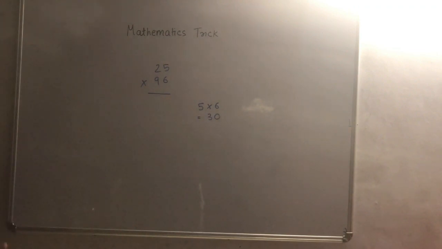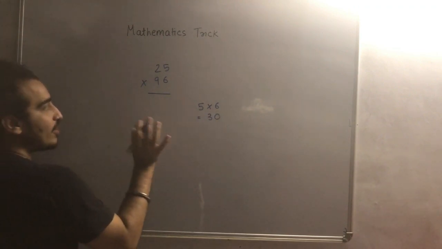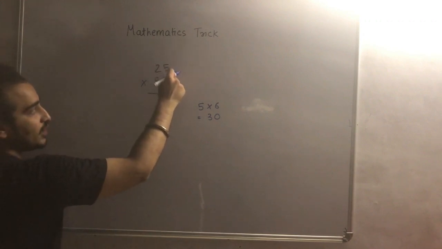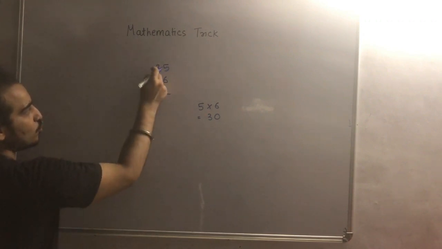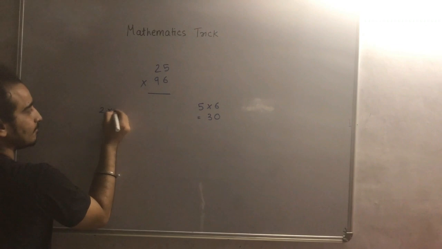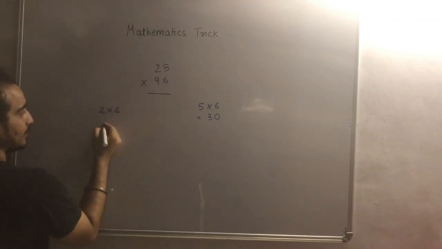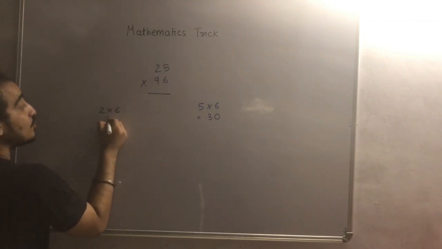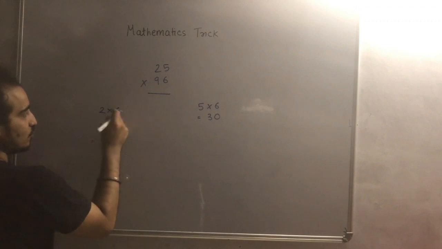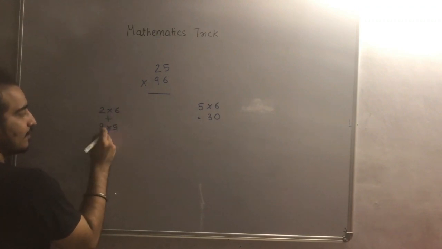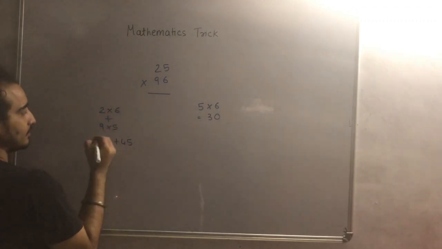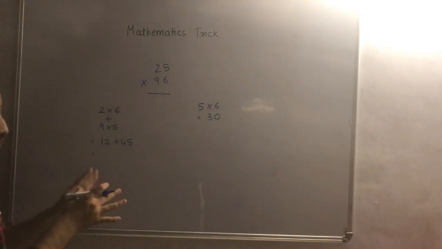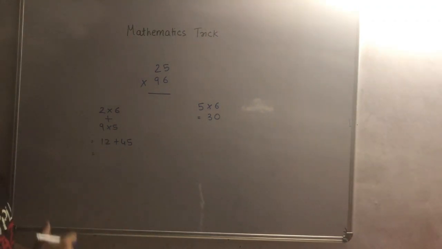Okay, so now next we have to cross multiply the digits, that is 2 into 6 and 9 into 5, and we have to add them, that is 6 2s are 12 and 9 5s are 45. I am just showing you this on the board, but you can do this in your mind also.